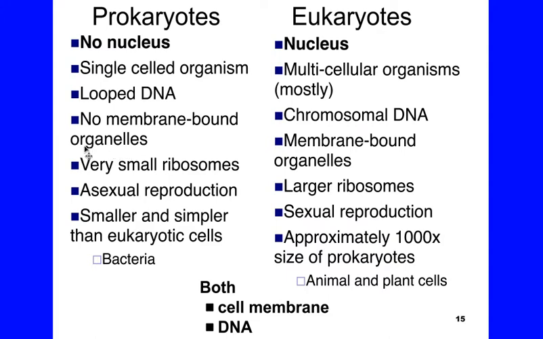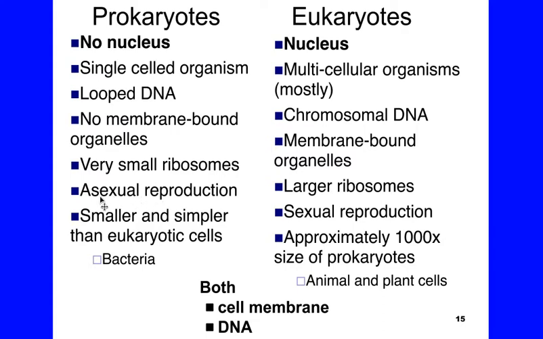Prokaryotes do not have membrane-bound organelles, whereas eukaryotes do, like chloroplasts and mitochondria. The ribosomes in prokaryotes are very small in comparison to the ribosomes in eukaryotes.